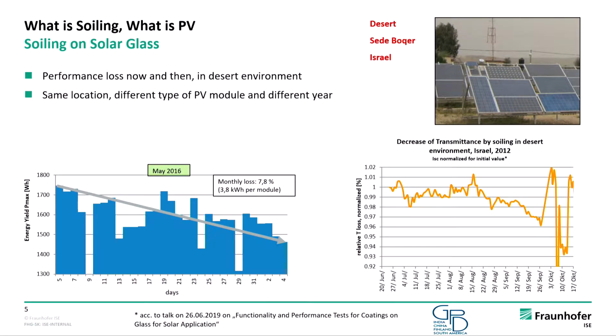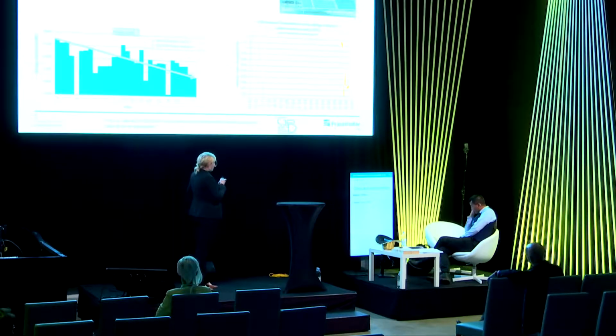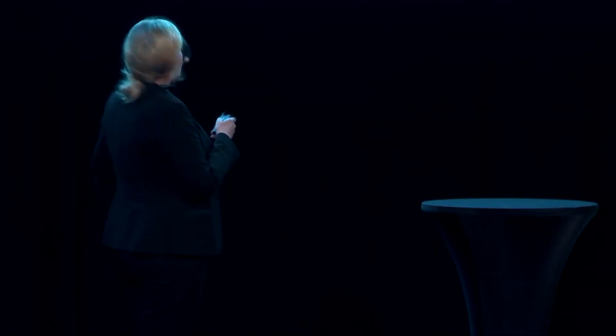Also looking into what the performance loss of PV is here, on the left side for 1 month and on the right side for a couple of months, actually during summer, which is for me the interesting part: May, June, July, August, September. You can see it's not 80%, but still a 7% monthly loss, which is really remarkable because per one module you have 3.8 kilowatt loss just in a couple of days.